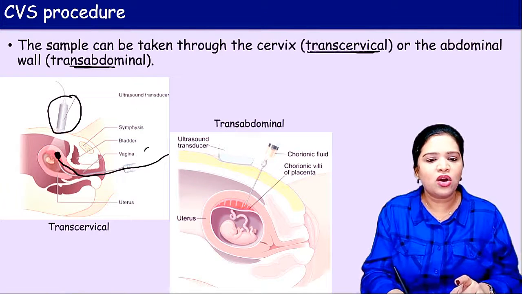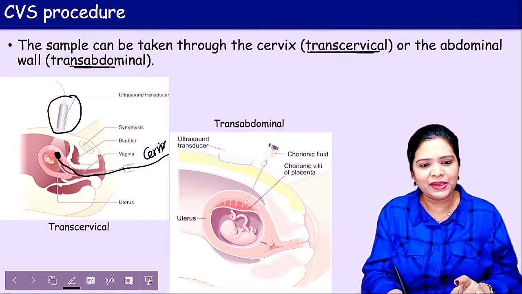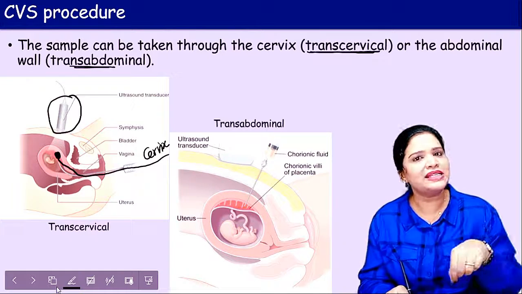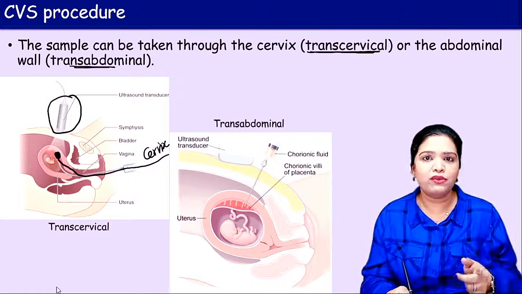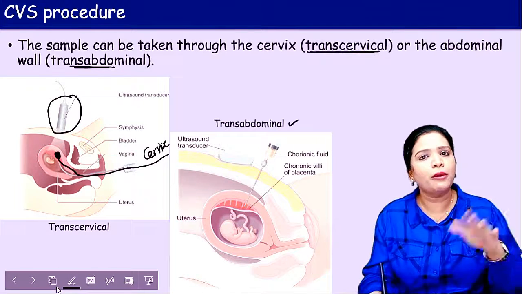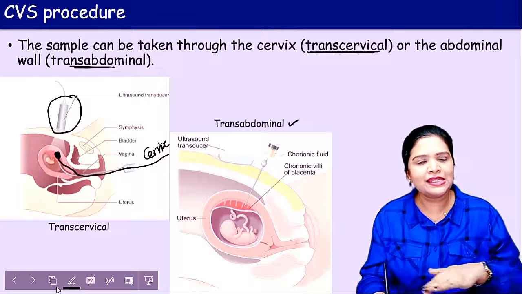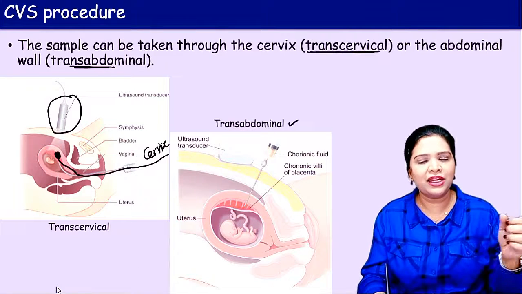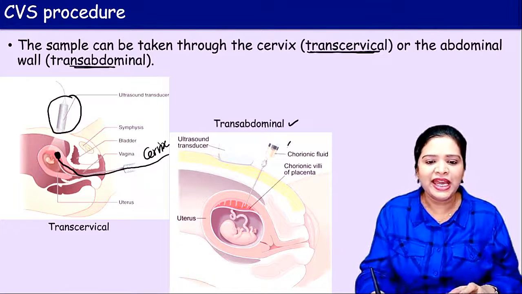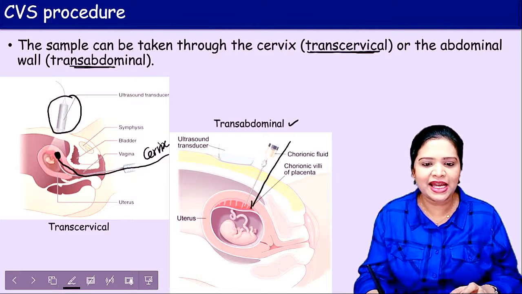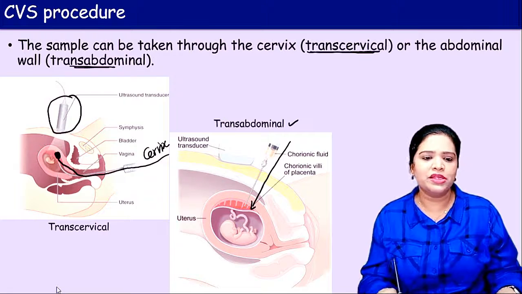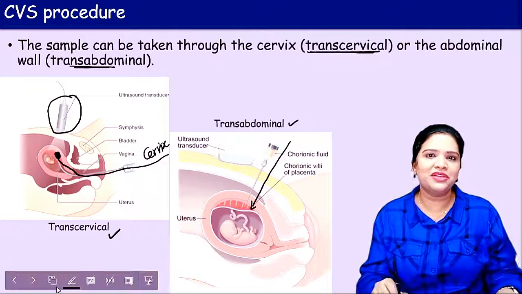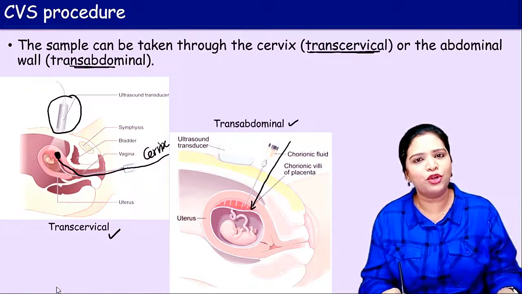This technique is called transcervical because the route of the needle is through the cervix. The second one is the same as in amniocentesis, that means through the abdominal route. The doctor cleans the outer surface of the abdomen and, looking at the ultrasound scan, inserts a thin needle exactly into the chorionic villi and collects the tissue sample. So we can do either way, transcervical or transabdominal.